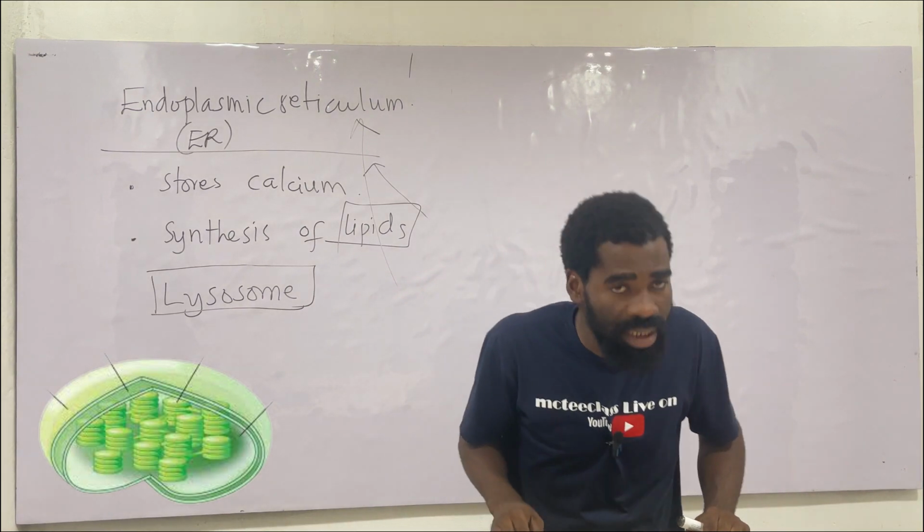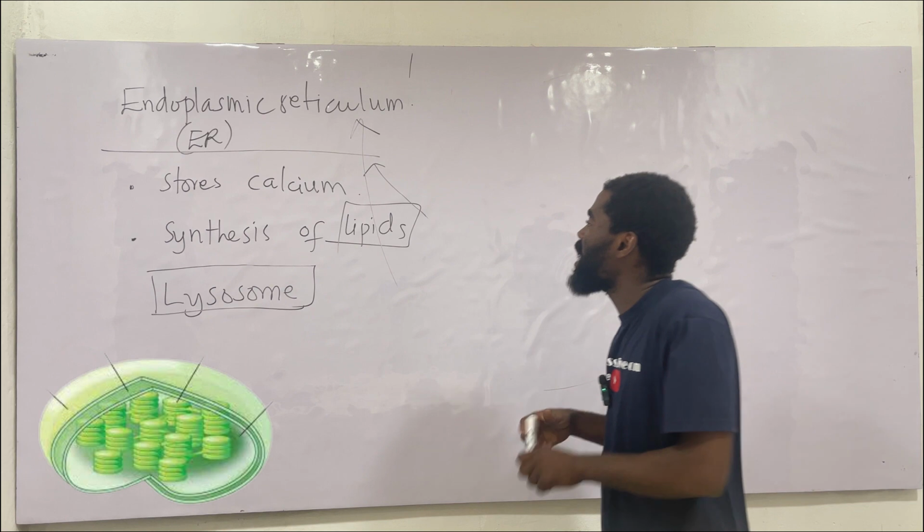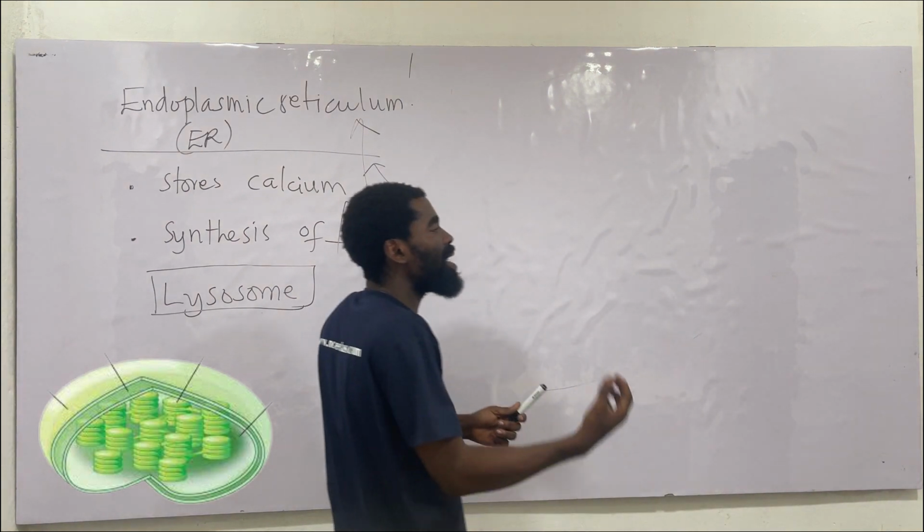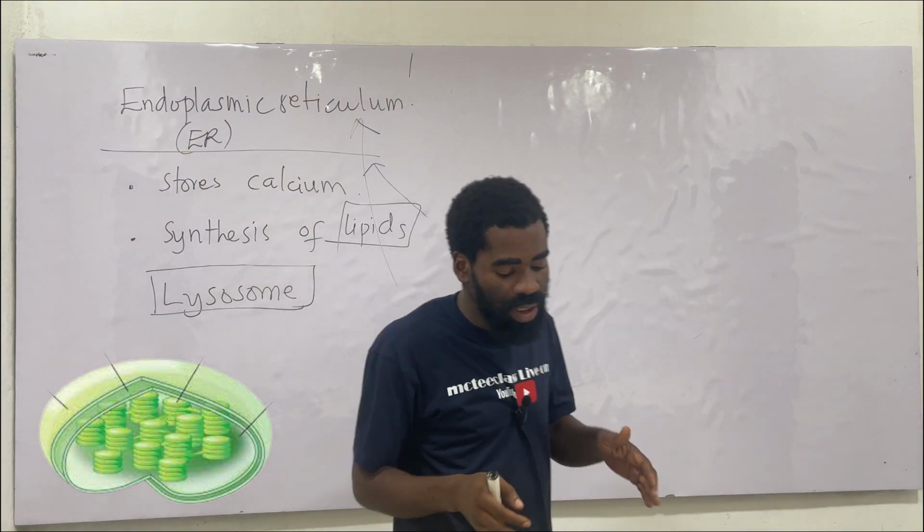What is the function? It has only one function. Its function is that it contains the chlorophyll, which will trap the sunlight for photosynthesis.